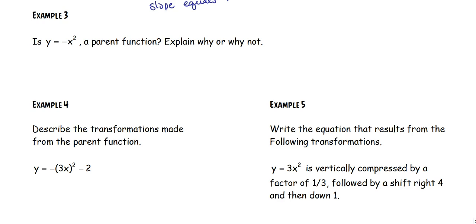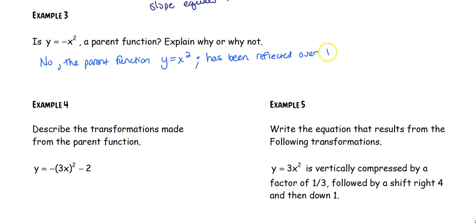All right, no, this is not a parent function. The parent function would be y equals x squared. This particular graph of y equals a negative x squared has been reflected over the x-axis.